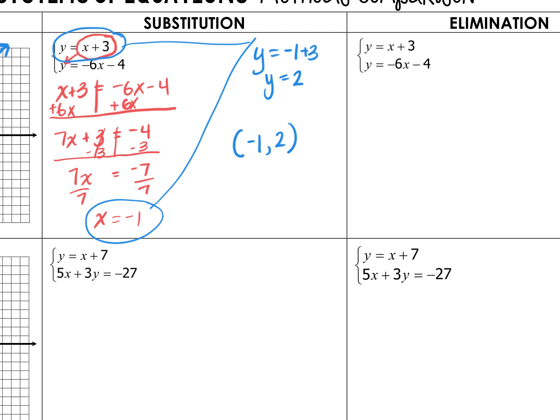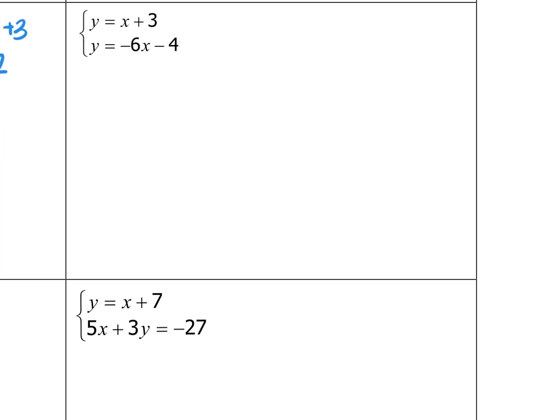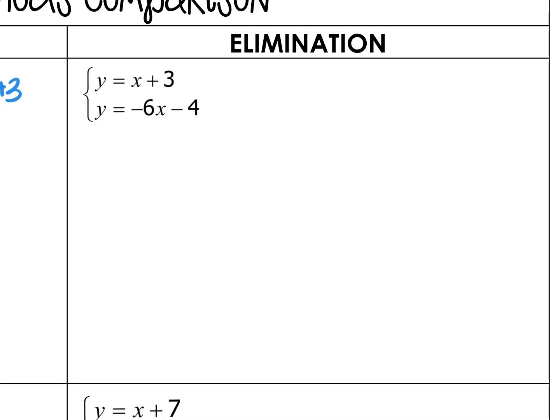First thing with elimination is you have to make sure that your x's and your y's and your numbers and your equal signs are all lined up. Is that the case here? Yes, they are lined up. So, which variable do you want to get rid of? X. So that means we want to multiply this top equation by 6.